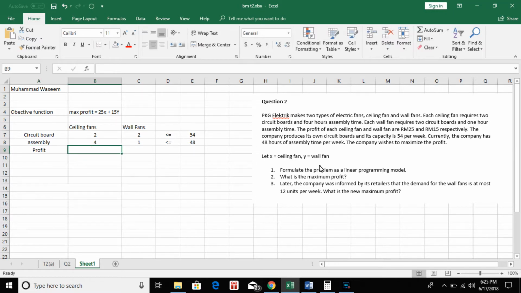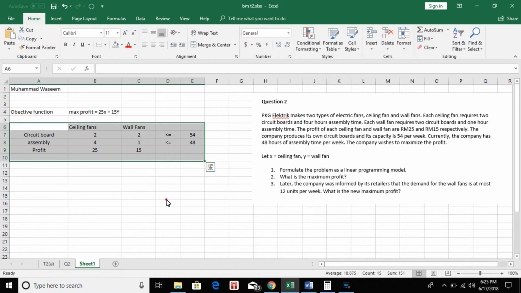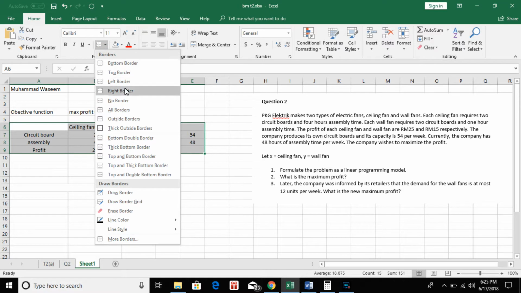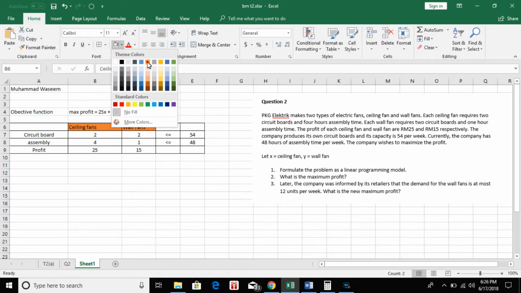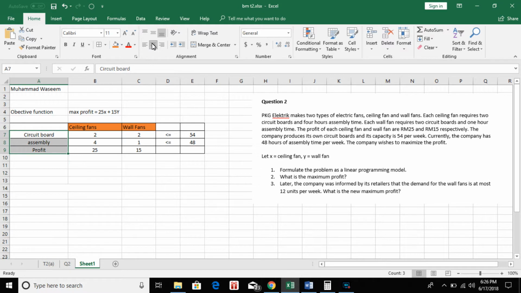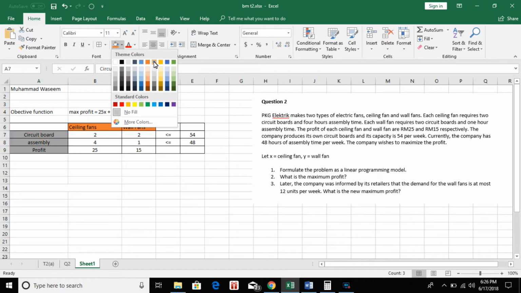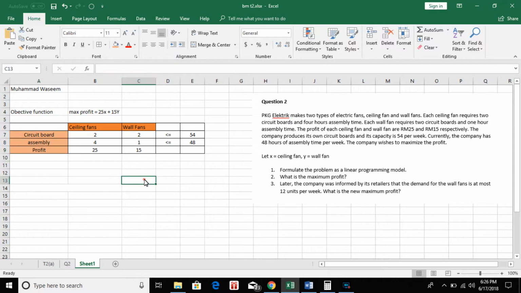For ceiling fan it is 25, and for wall fan it is 15 respectively. Just make it nicer in the table. Ceiling fans and wall fan and circuit board.